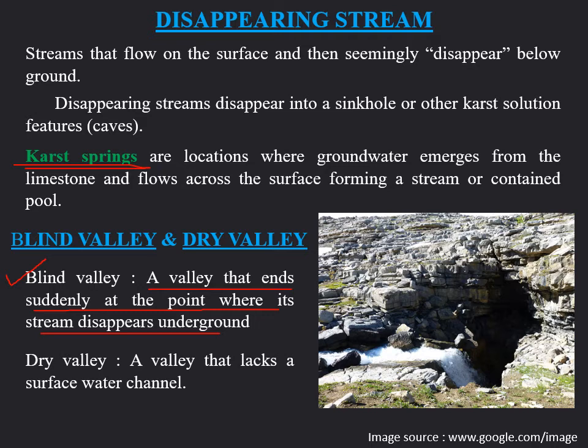Only in the exceptional condition, particularly during the flood condition, when the sinkhole is not able to accommodate all the stream water, then only the downstream portion of the valley receives some amount of flow. This kind of valley is known as a dry valley, because most of the time the stream disappears within the sinkholes, so the downstream portion becomes dry.